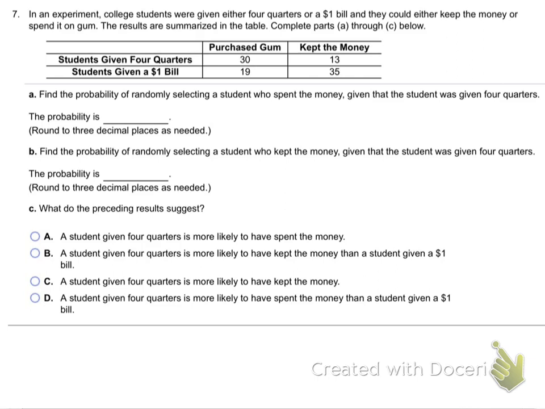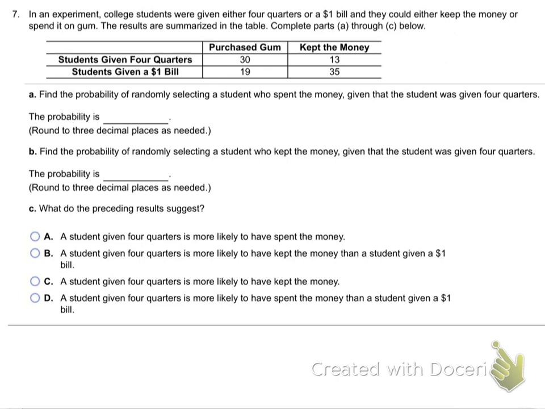But the experiment is, do people that have change think of the change differently? Yeah. Value it less. They tend to just think, it's just change, and they'll spend it on gum. Whereas you got bills, you're like, I got money now, right? That's the experiment, right?